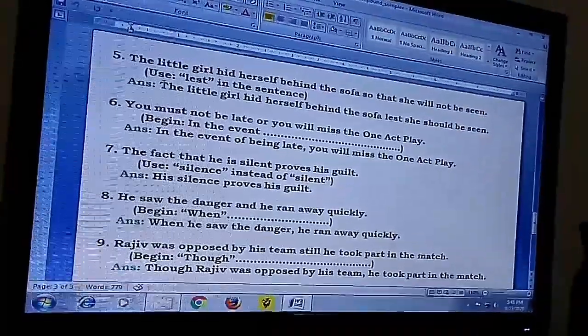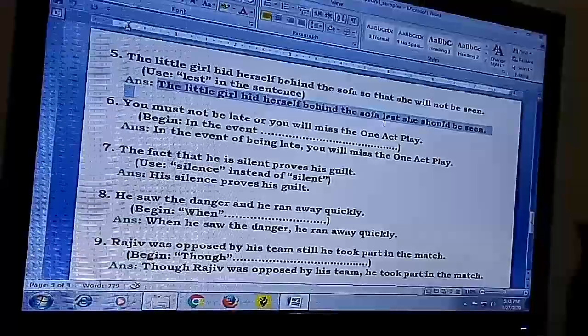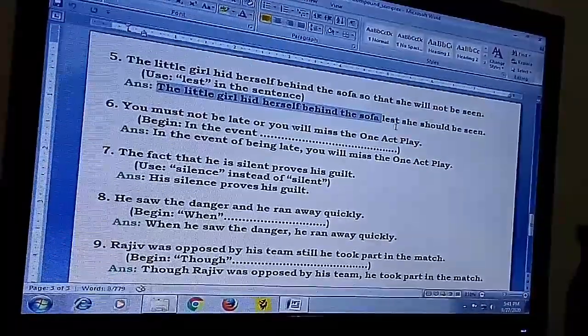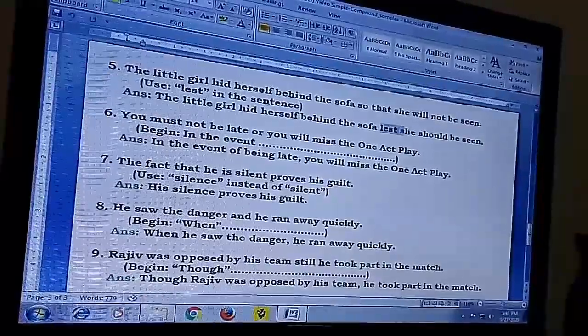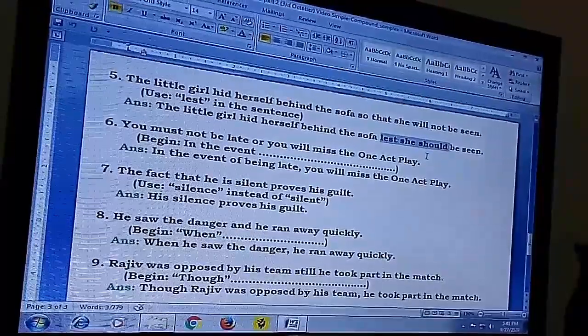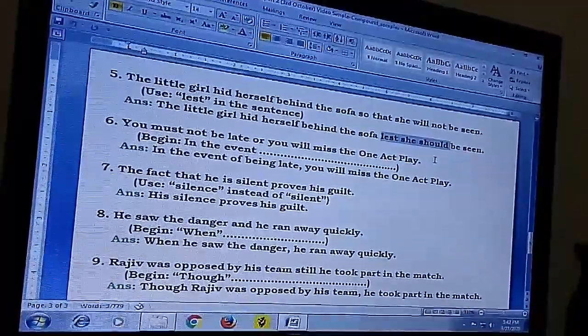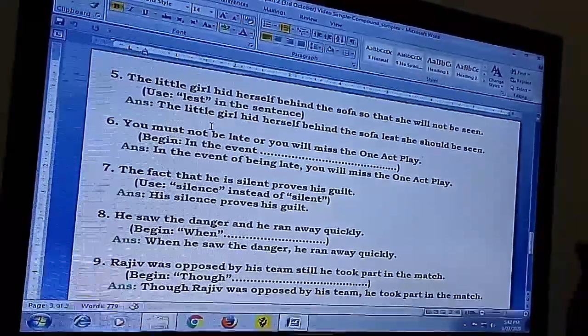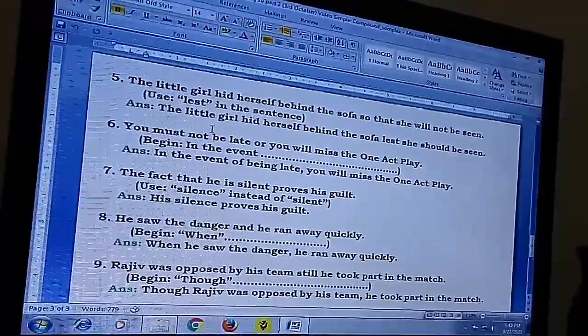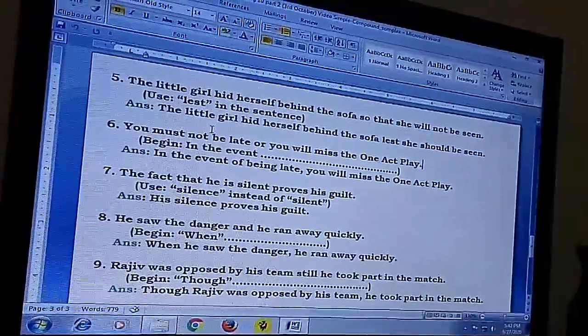Answer C. The little girl hid herself behind the sofa lest she should be seen. This is how it is done. This is a typical type of example where lest is used.